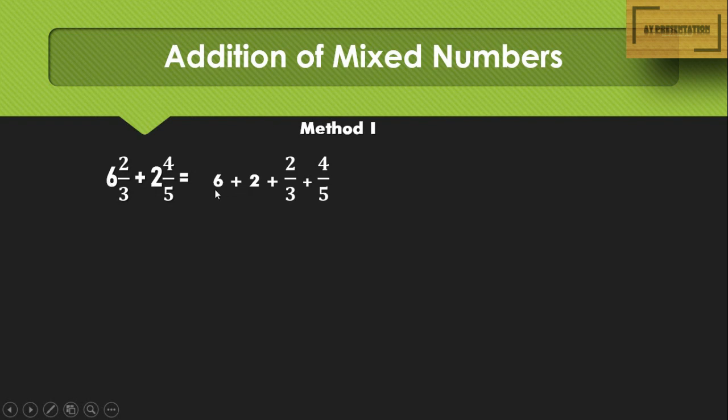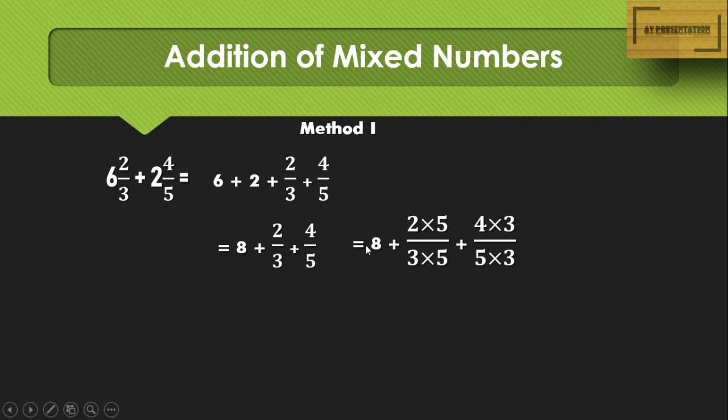So firstly sum the two whole numbers, 6 plus 2, then add the remaining fractions, 2 upon 3 plus 4 upon 5. Then 6 plus 2 is 8, plus 2 upon 3 as it is, plus 4 upon 5 as it is, so we write 8 here as it is, plus the fractions here.